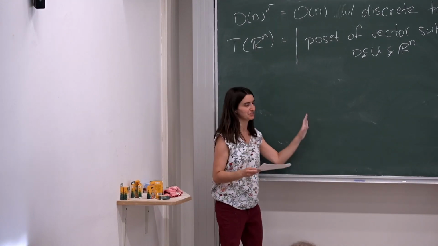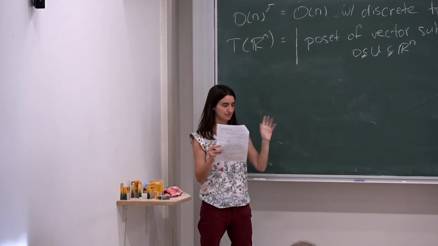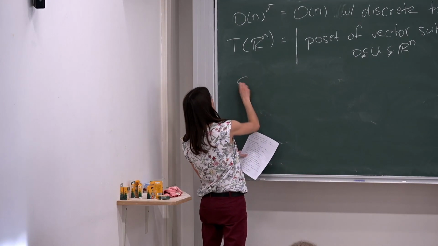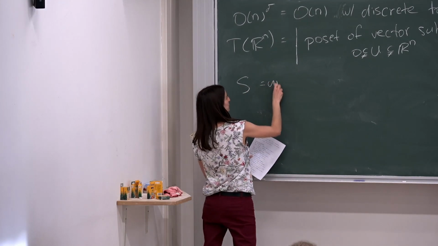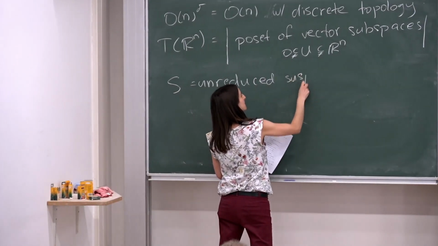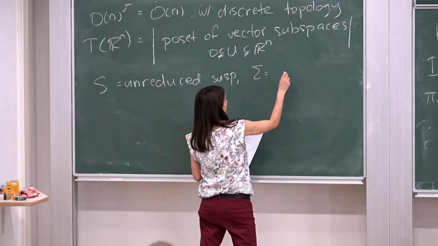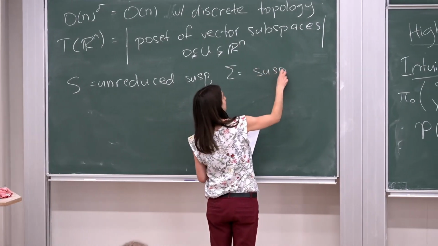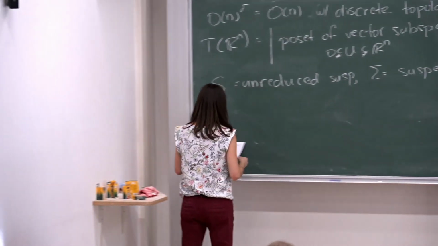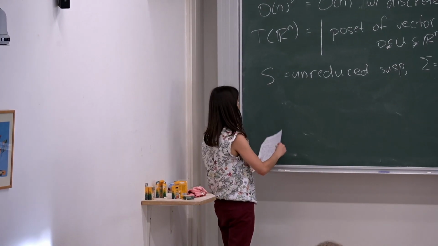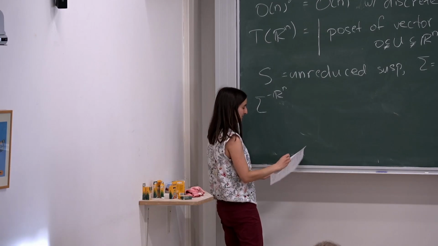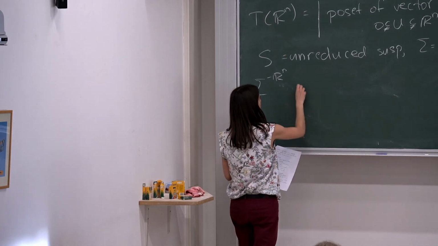So this is some highly studied simplicial complex. S is unreduced suspension. Sigma is reduced suspension. And this sigma minus R^n is desuspension.